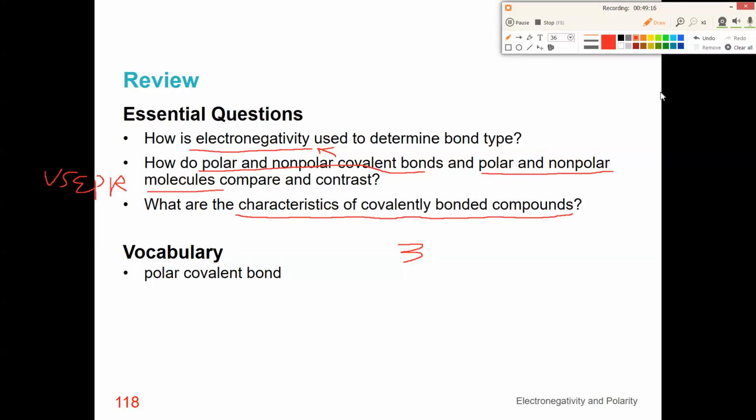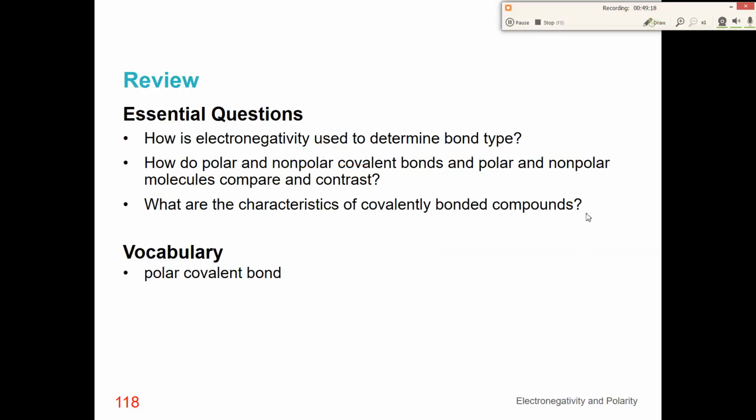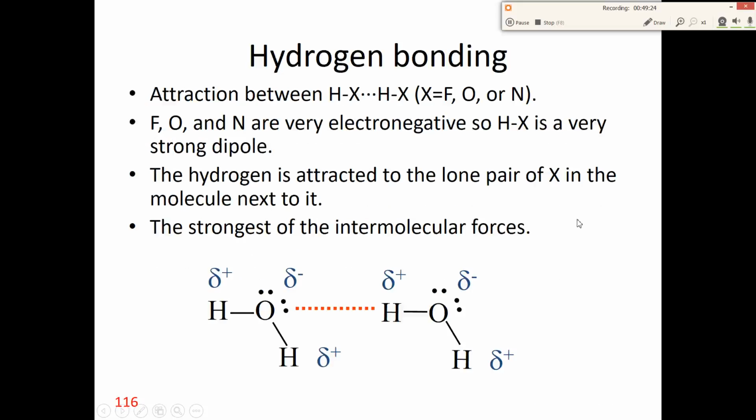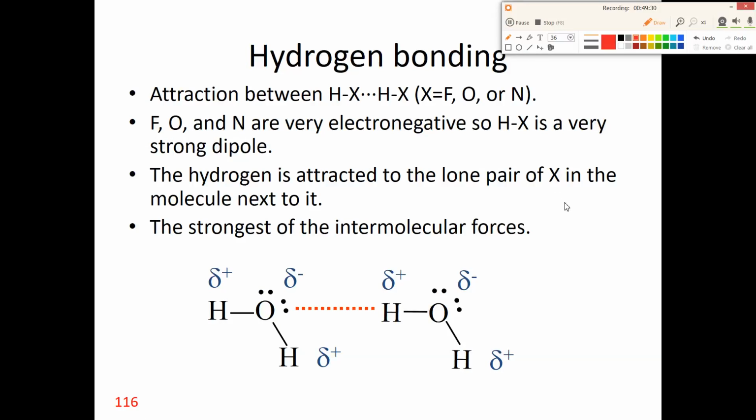I think I need to talk a little bit more about this. So three types of intermolecular forces exist. For example, in liquid water, all three types of intermolecular forces exist, because water molecules move around and create a temporary dipole also.